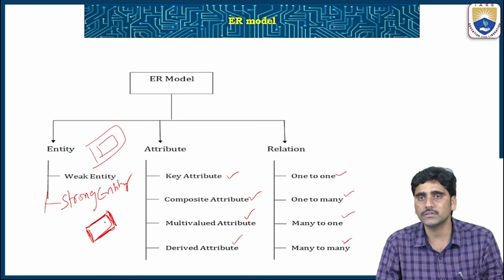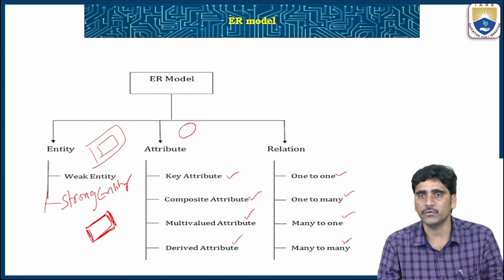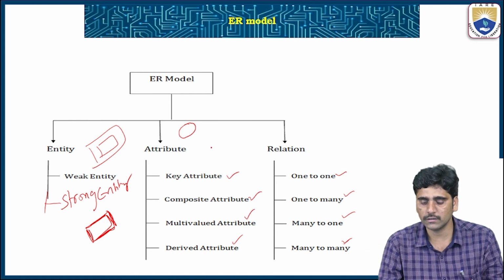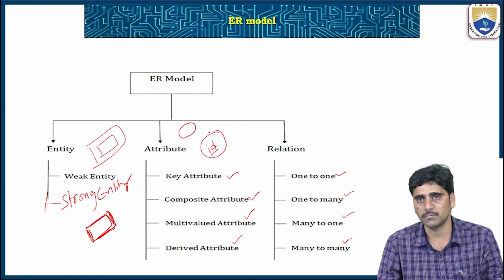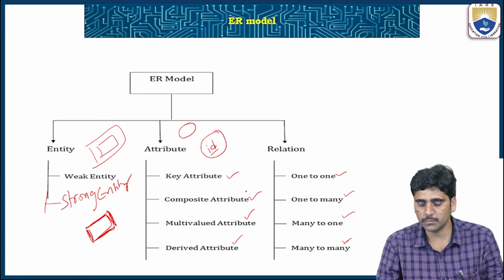From the attributes, an attribute shows the behavior and it is represented with an ellipse symbol. A key attribute is represented with underlined text inside the ellipse symbol. A composite attribute is one where we can generate multiple ellipses. A multi-valued attribute is one that can have multiple values.